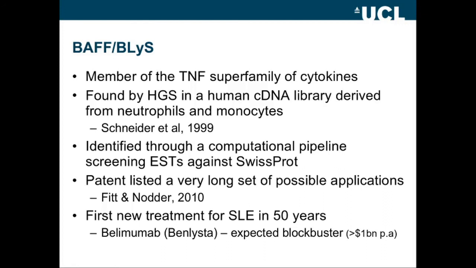Our second example I did touch upon very briefly earlier on, and this is an example where one of these computational pipelines to annotate the function of proteins was used to produce a new drug.